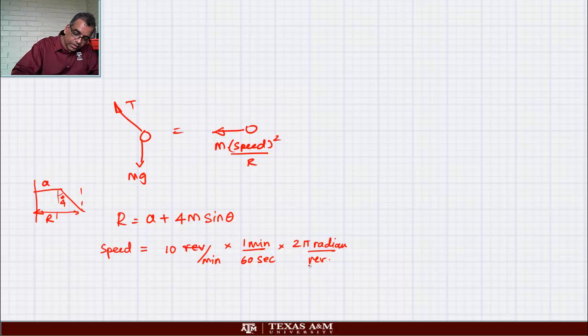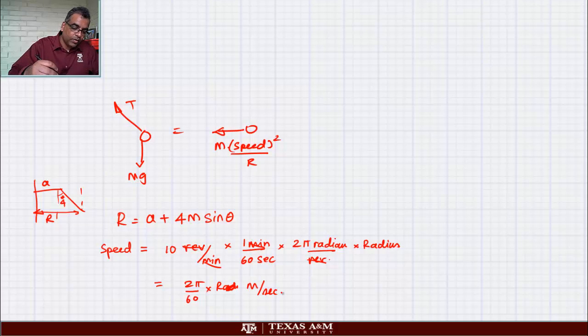So you can say revolution got cancelled out, minutes got cancelled out, and then times radius in meters, right? Which turns out to be 2 pi times 10 over 60. So 2 pi over 60 times radius times r meters per second. So now we are ready.